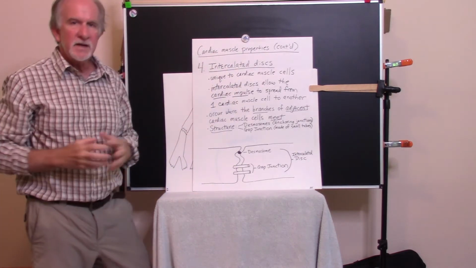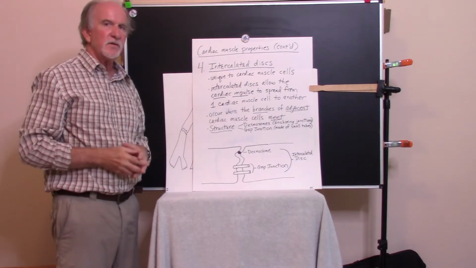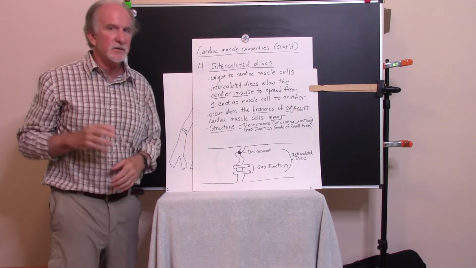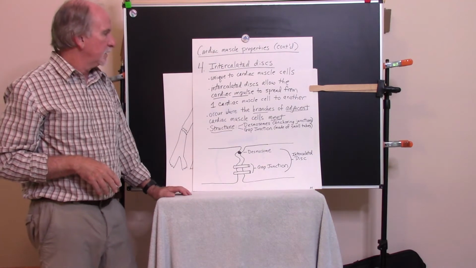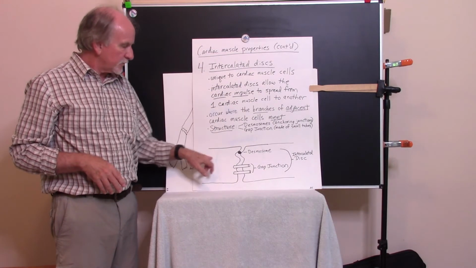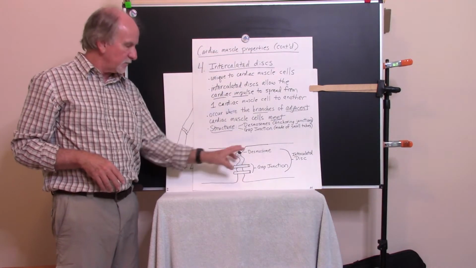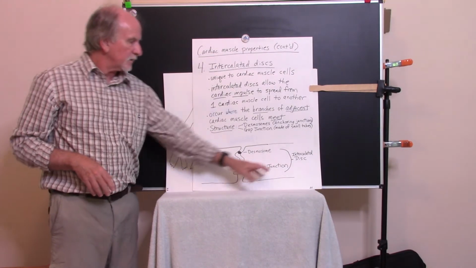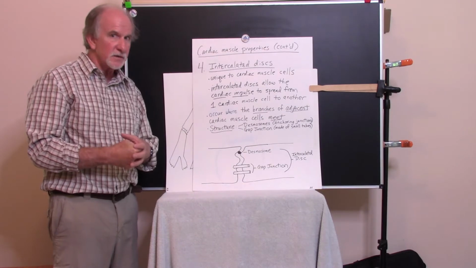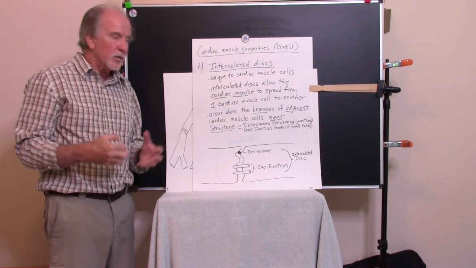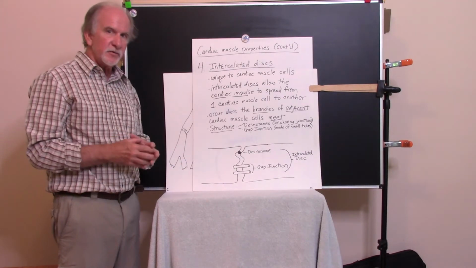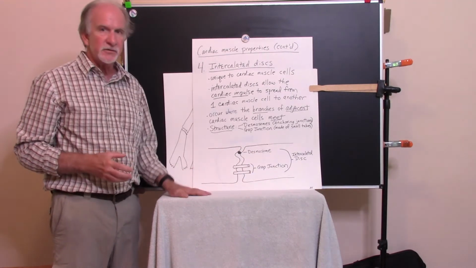There are special connections between cardiac muscle cells known as intercalated discs, and they're unique to cardiac muscle cells. So an intercalated disc occurs where two cardiac muscle cells meet, and the intercalated disc consists of desmosomes, which anchor the cells together so they don't pull apart, and collections of tiny tubes known as gap junctions.